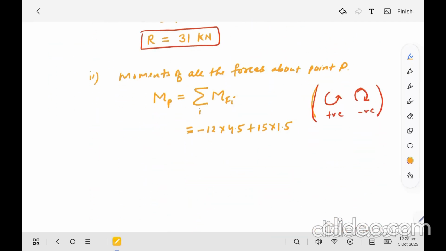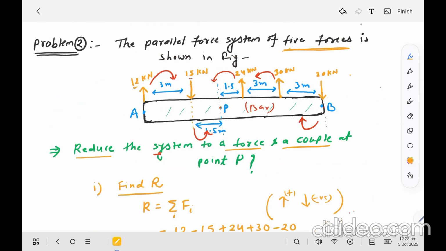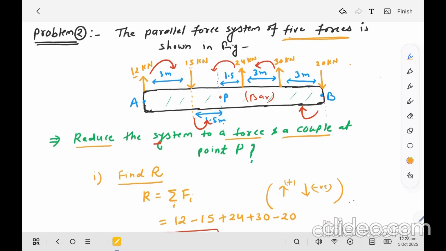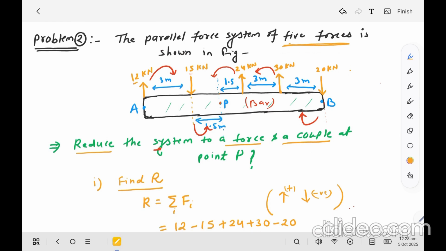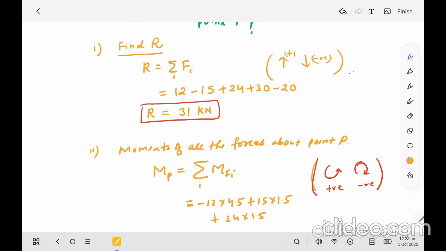Okay, so plus 24 into 1.5, and the 30 kilonewton force also has a tendency to rotate the body in anticlockwise direction about point P, and the distance from point P is 3 plus 1.5, 4.5 meter.